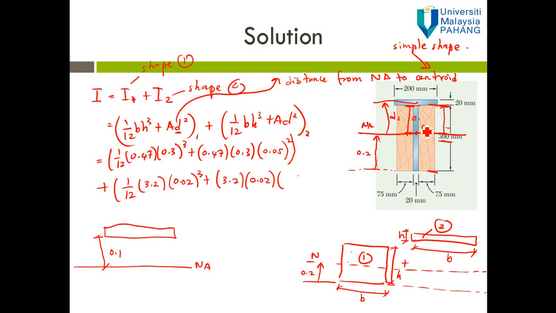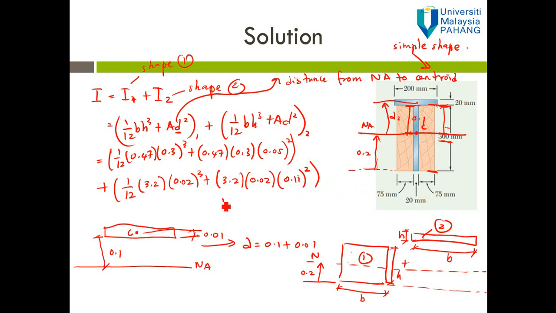So 0.1. And then the centroid for shape number 2 is 0.01, the distance from C to the bottom surface of shape 2. So D is equal to 0.1 plus 0.01, equal to 0.11 square.